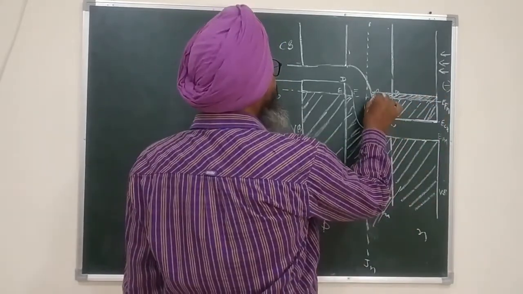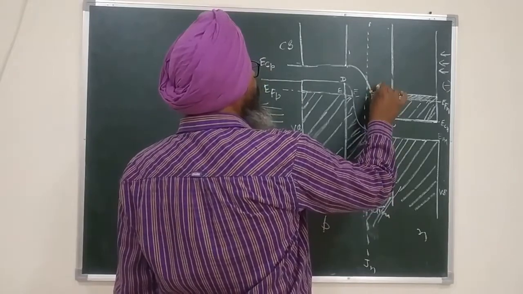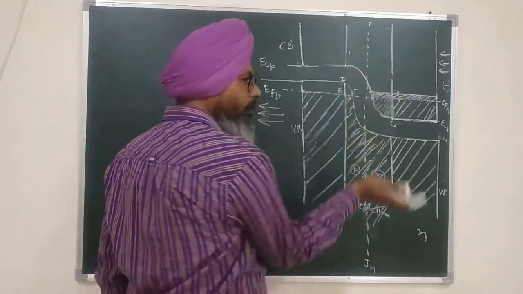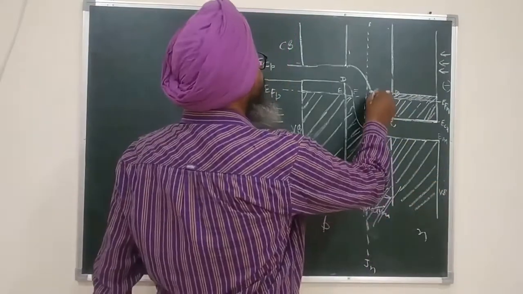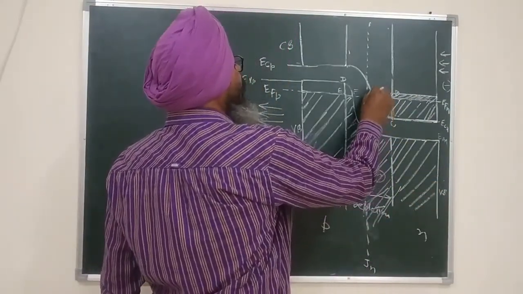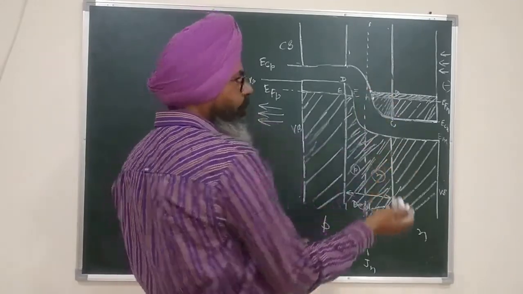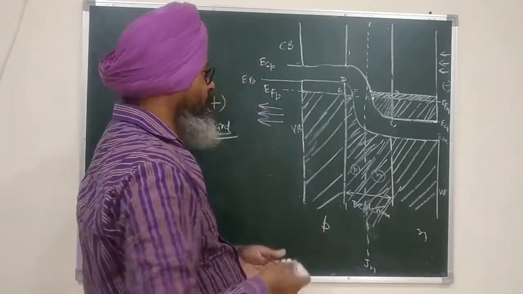And this point B, which was here, will now be here. So energy wise it has gone up, and width wise, you can see this point B has now shifted to this point B. Now you can see it is closer to the junction.